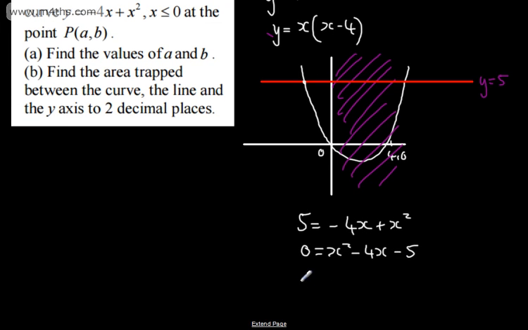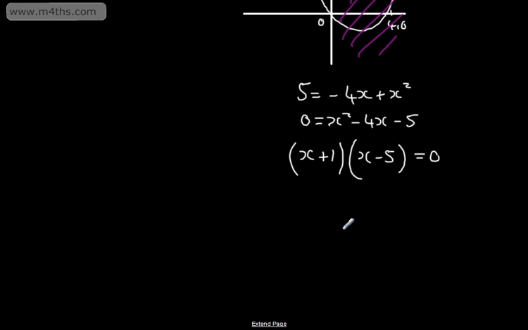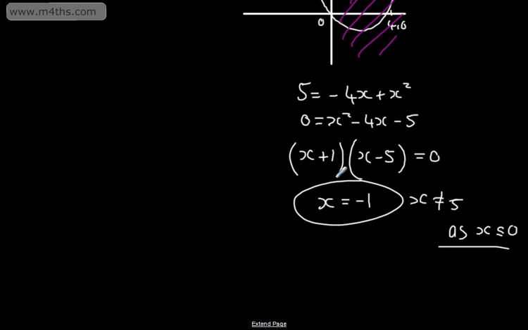We can just factor this: x plus 1, and then x minus 5 is equal to 0. So from here, x will be equal to negative 1. X cannot be equal to 5 as x is going to be equal to or less than 0. So this is our point right here.